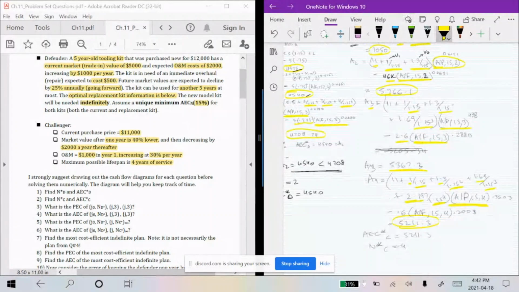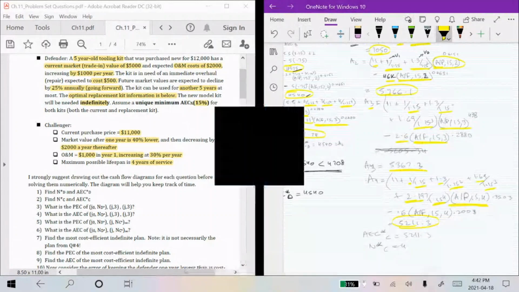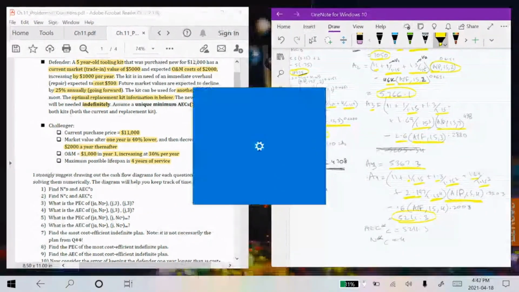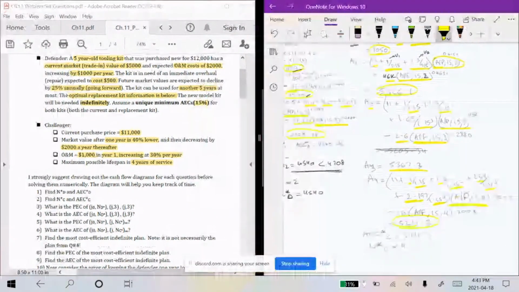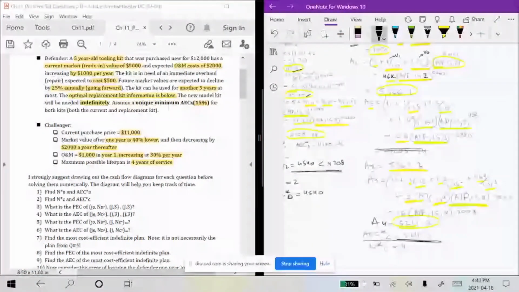The first was 7050, the second is 5766.1, the third was 5367.3, and A4 is 5211. This is the most efficient cost for the Challenger. You write that as AEC star is 5211. Similarly, the most efficient service life for the Challenger is 4 years.